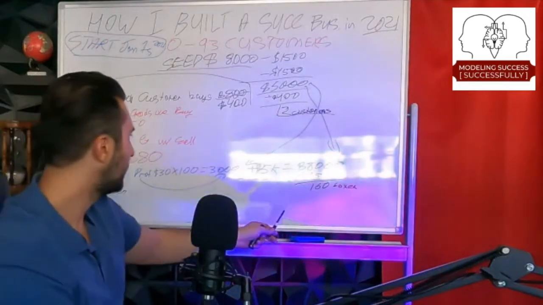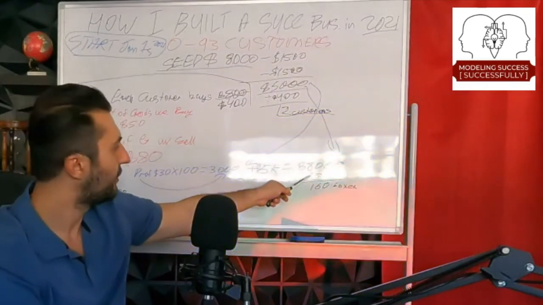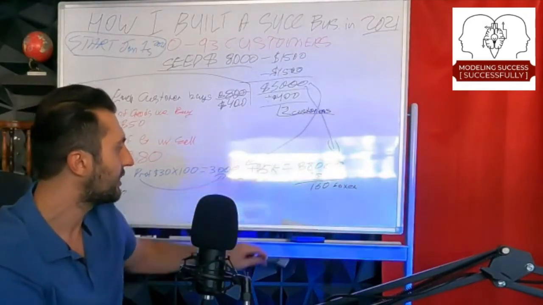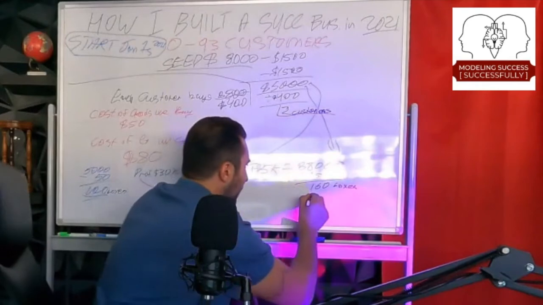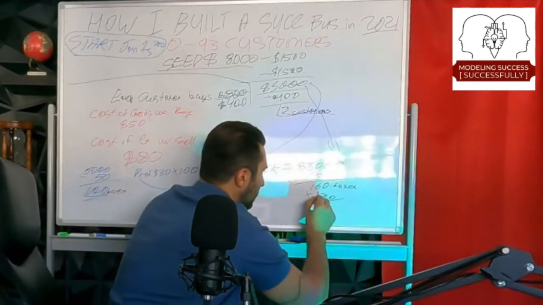That's exactly what I'm talking about. Now your 8,000 at the $50 a box cost is going to get you 160 boxes, and 160 boxes multiplied by 30 is going to get you $4,800.